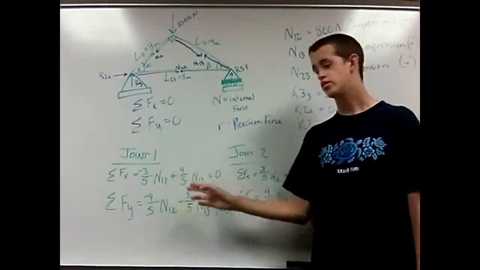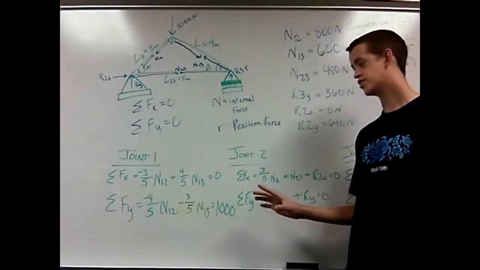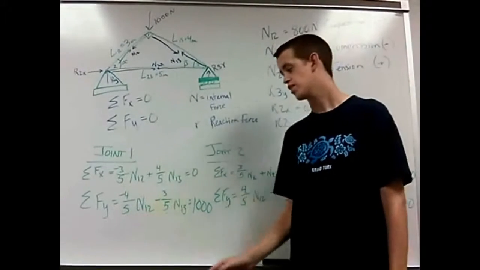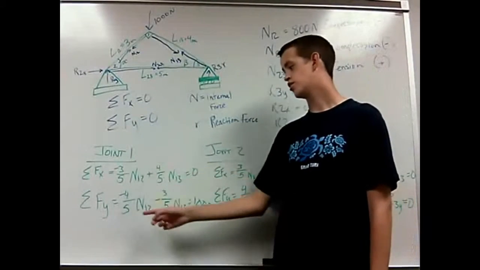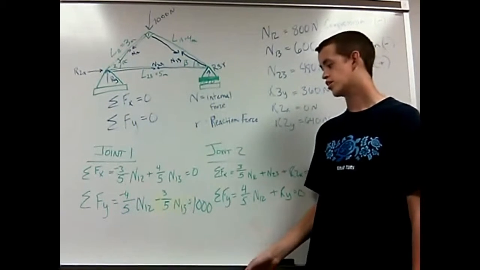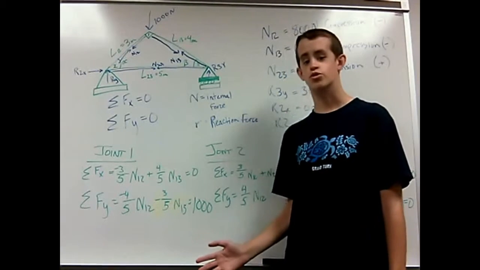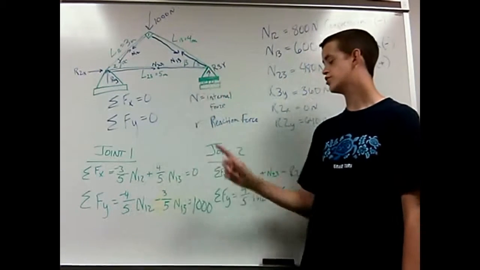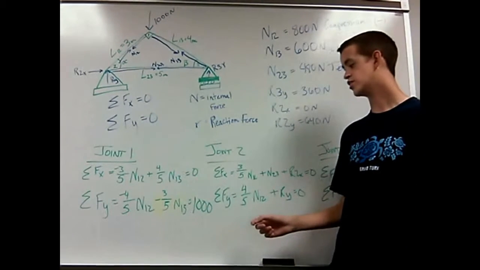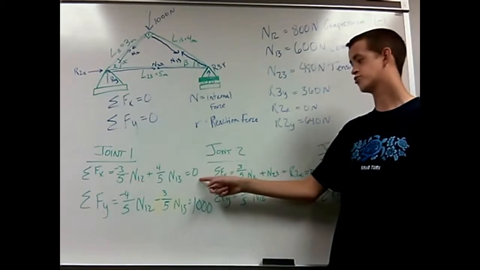For each joint, you want to set up 2 equations separating the total forces in the x direction and the y direction. So for joint 1, the sum of the forces in the x direction is going to be -3/5 times the internal force between joint 1 and 2 plus 4/5 times the internal force between joints 1 and 3, and that's going to equal 0.